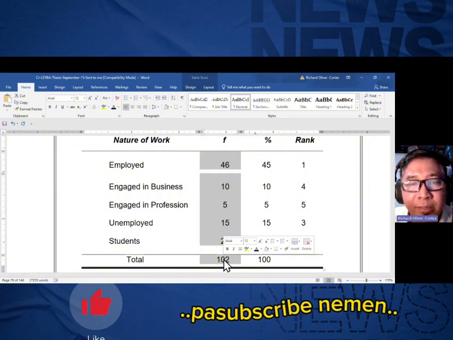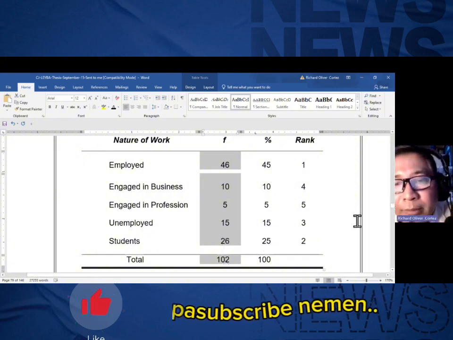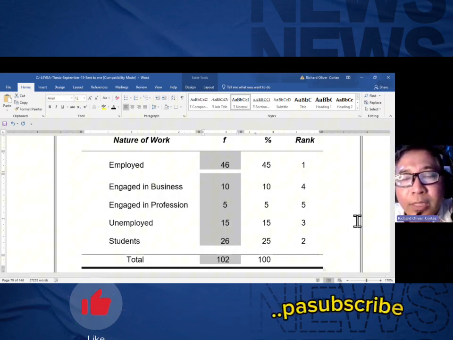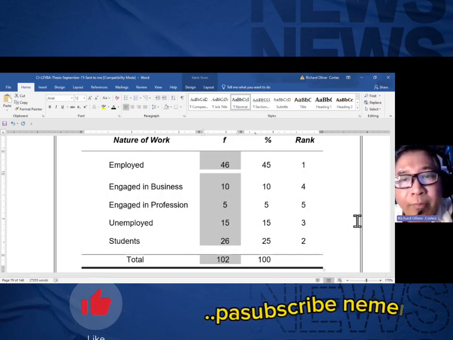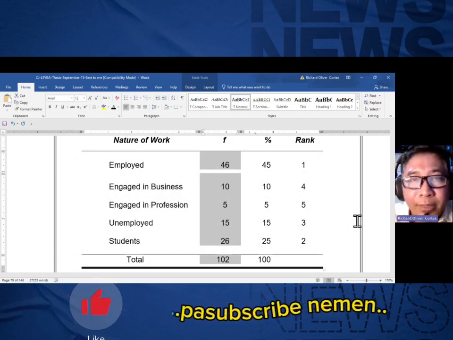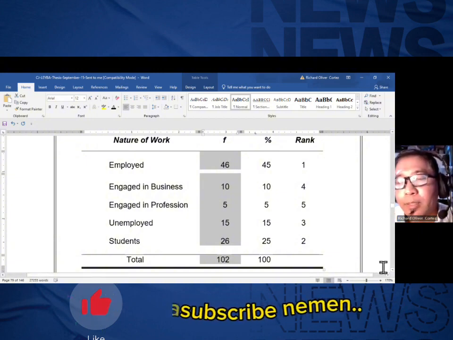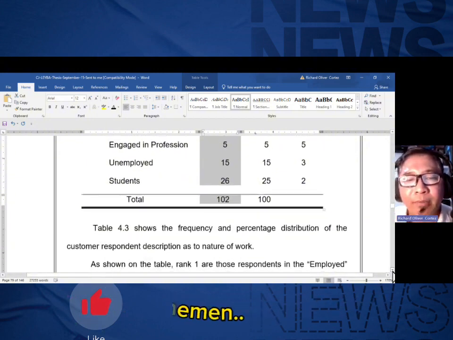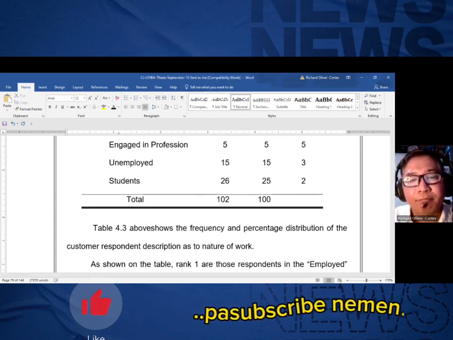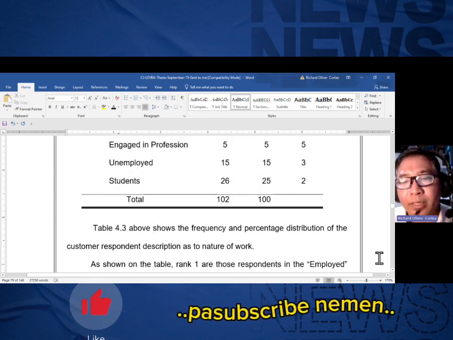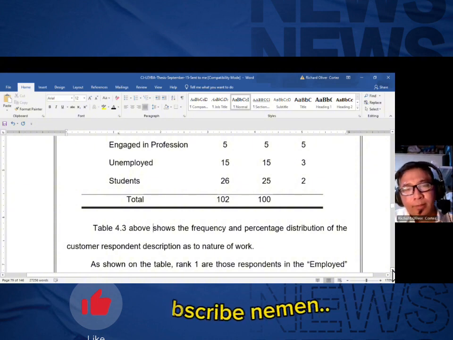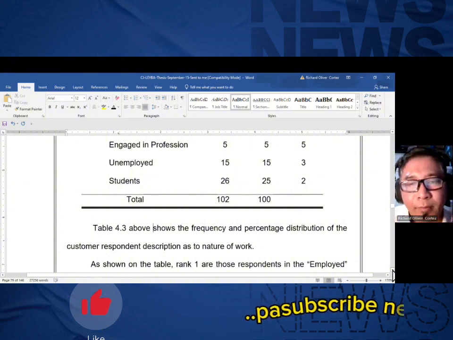In some of the tables here, there are samples with equal frequencies, and we're going to discuss how to rank frequencies with the same numbers or amounts. So the same thing, you discuss Table 4.3 above, which shows the frequency and percentage distribution of customer respondents as to nature of work.